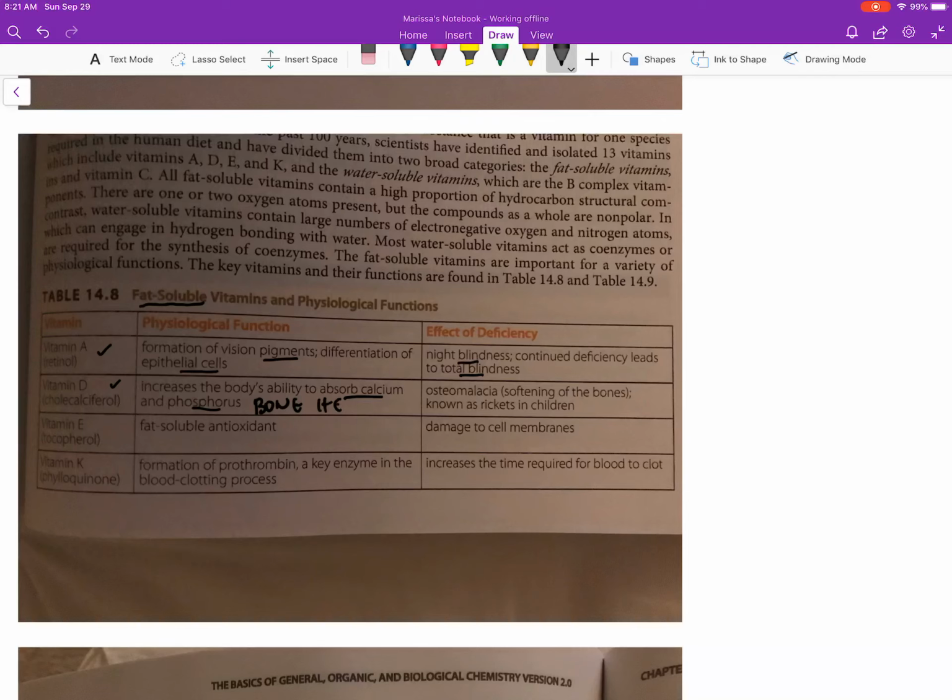So you might have heard as a kid that drinking milk will make your bones strong, but it's not necessarily that the milk directly does it. However, the vitamin D in milk will allow the body to readily absorb calcium and phosphorus. If you're deficient, you get osteomalacia, a softening of the bones, which is known as rickets in children.